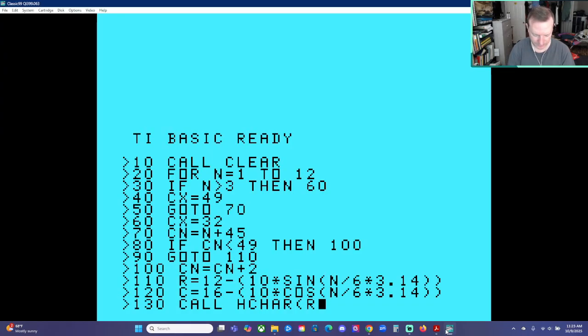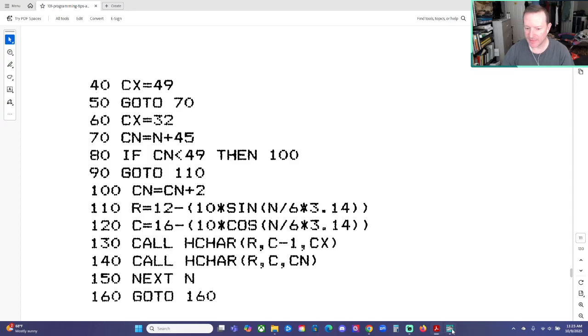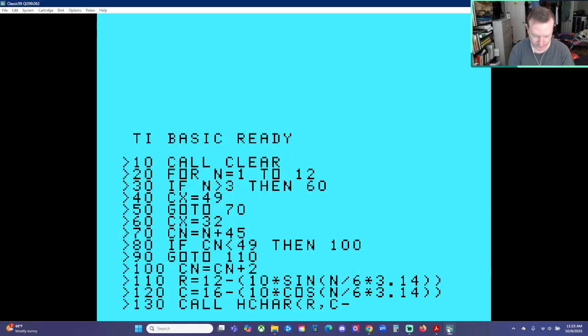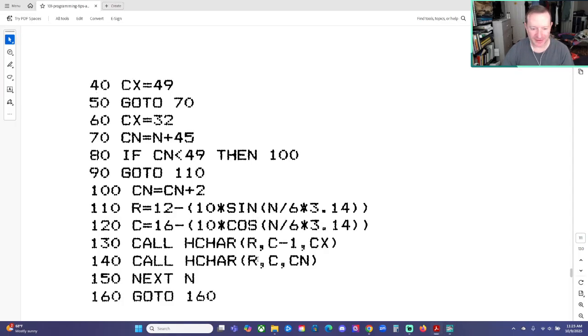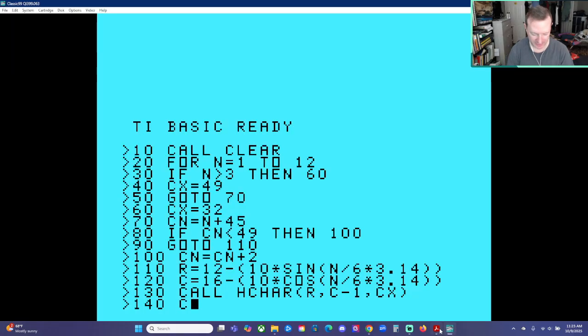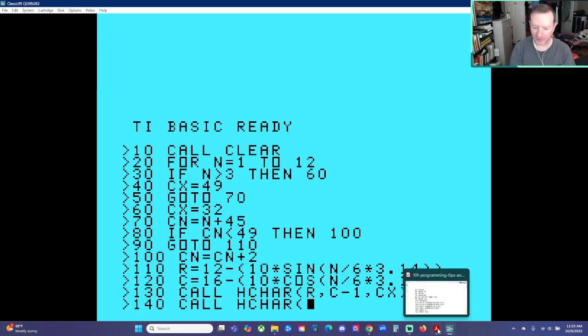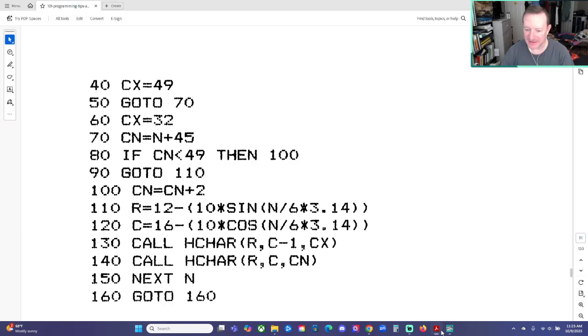R, comma, C minus 1, Cx, yes. So this is a clever program. I mean, someone really had to work on a good way to make this one work. Some of these programs in this book are a little obvious in terms of how they work.